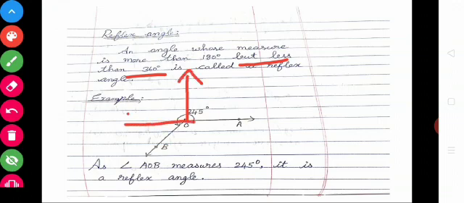This one is 180 degree. Yes, children, an angle whose measure is more than 180 degree but less than 360 degree. Here, what is that angle? 245 degree. Yes. This is a reflex angle. Angle AOB measures 245 degree. It is a reflex angle.